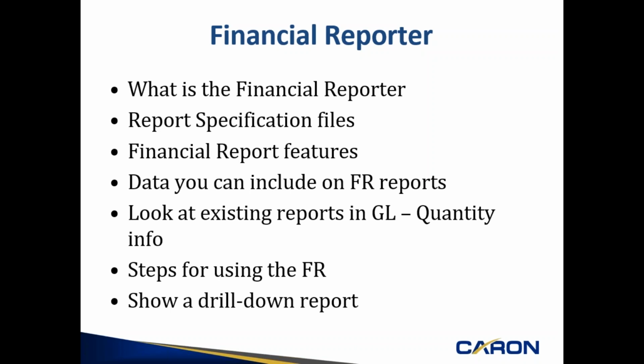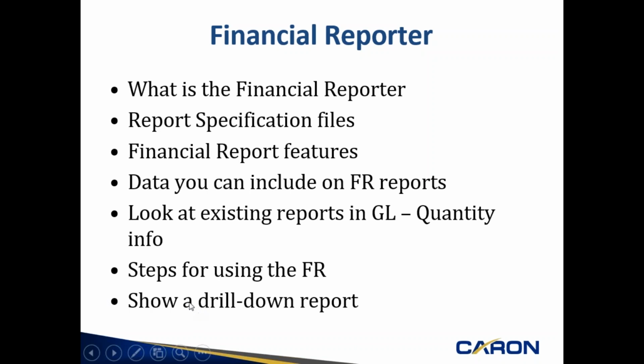You can also look at balances or net changes in the reporting currency. You can do comparative figures, complete or year to date. You can do budget versus actual. So there are a number of ways of drawing particular types of data from the general ledger. Okay.